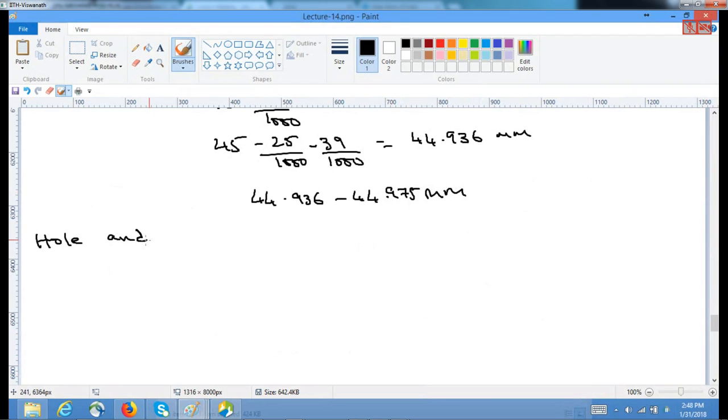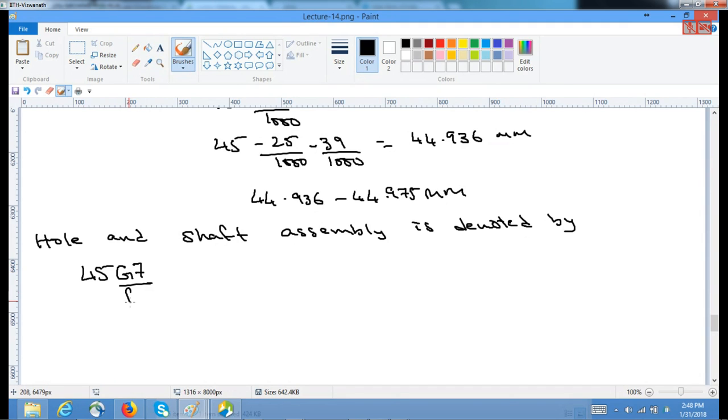Now the hole and shaft assembly is denoted by 45 as the basic dimension, G7/F8, or 45 G7-F8 is the standard notation.